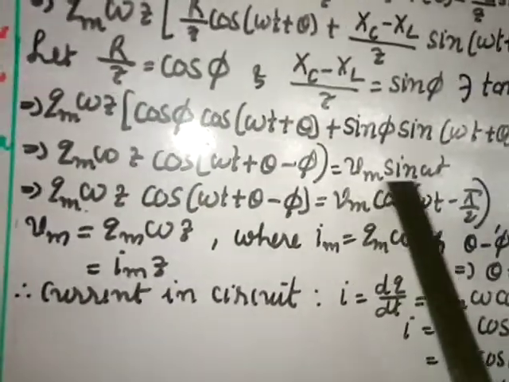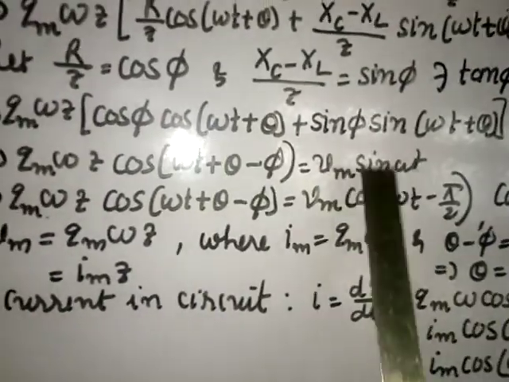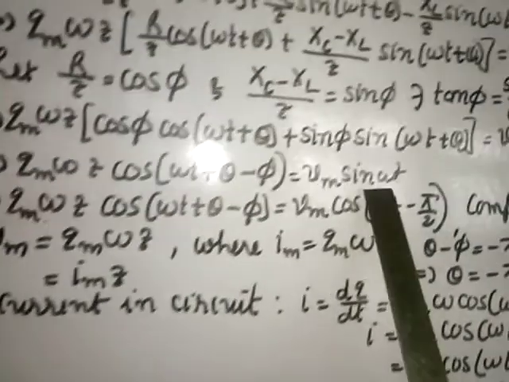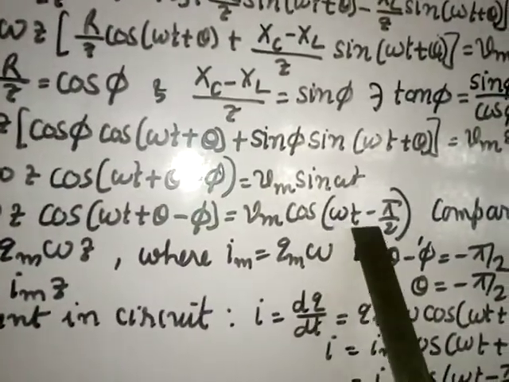I have to compare the two sides, so I am going to convert sine into cos. You can convert cos into sine also. I will convert sine into cos by writing sin omega t as cos(omega t minus pi by 2).